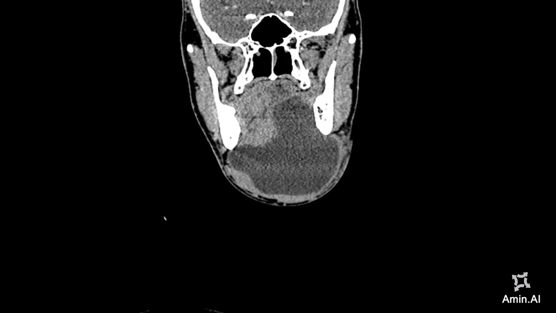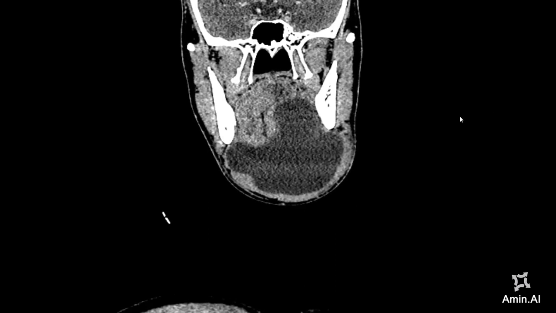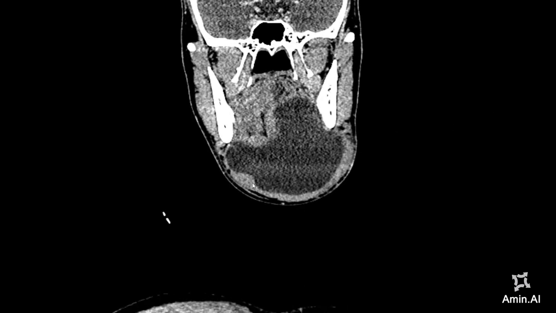Now, if I bring the images at this level, you can see that this area of soft tissue is likely the anterior belly of the digastric muscle. And now if you follow this cystic area, it is extending below the genioglossus muscle and going to the other side, the right side.